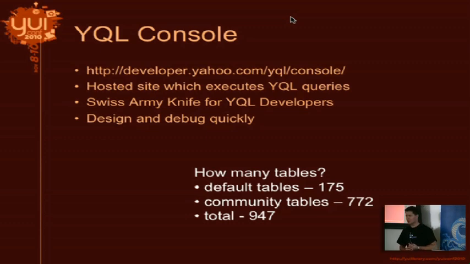Console is there to enable you to get going with YQL, but also to let you debug. It lets you create those queries, preview those queries, and play and explore. And as Josh pointed out, it's a Swiss Army knife for YQL developers. For those of you who like Swiss Army knives, it's got a lot of tools in it, and that is very true for console.